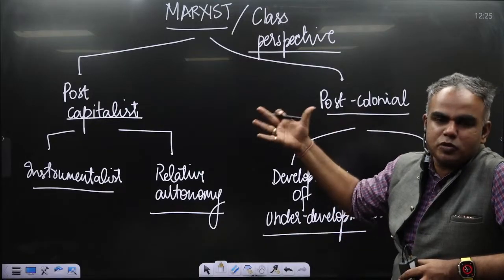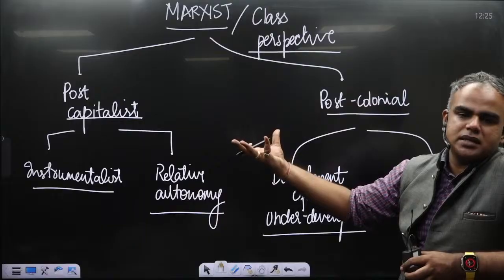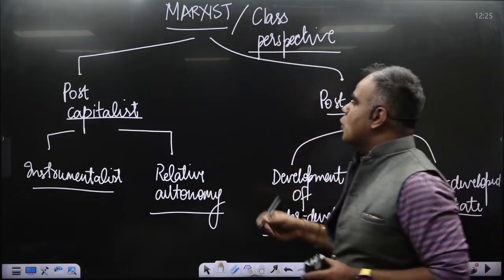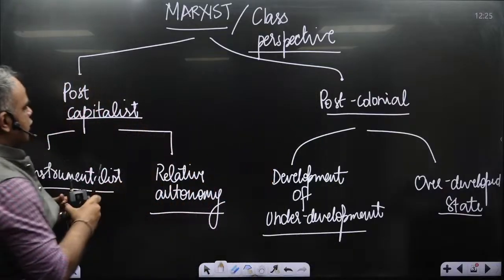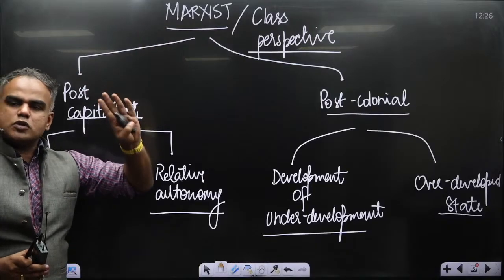This again happens to be a reductionist view. Liberals will also criticize it. This is economic determinism, yes or no? So that is how we'll go. So up in this format, the moment your format is clear, these are the four ways which we'll understand the Marxist or the class perspective. Okay.